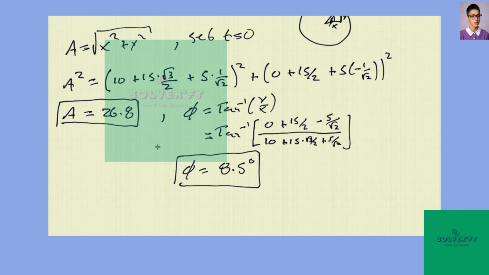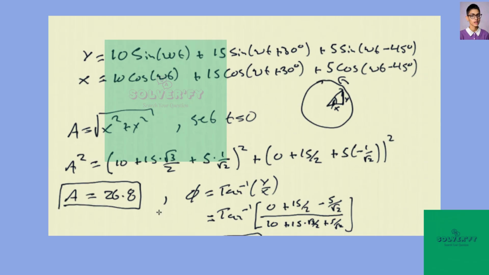And so that means the whole wave is going to be 26.8 sine, and it's sine because these are all sines.